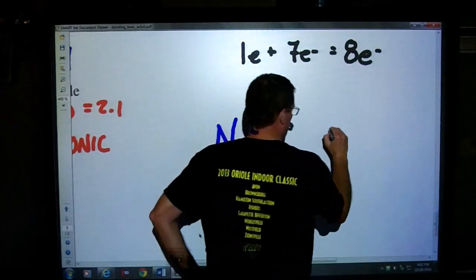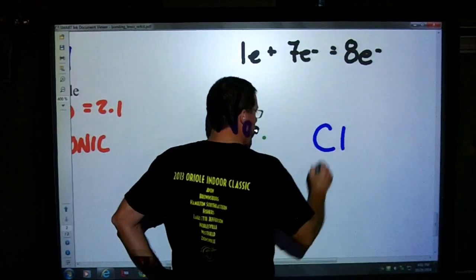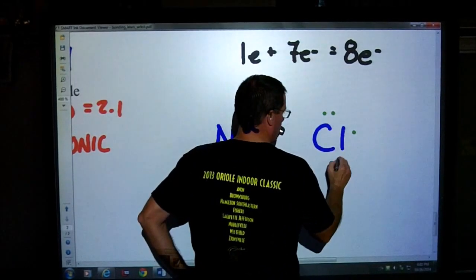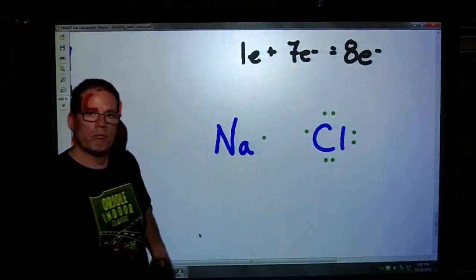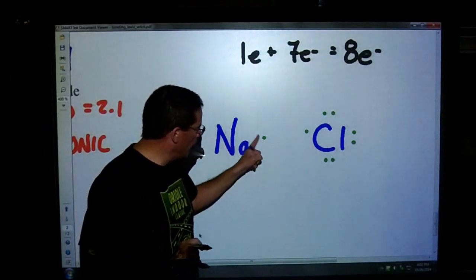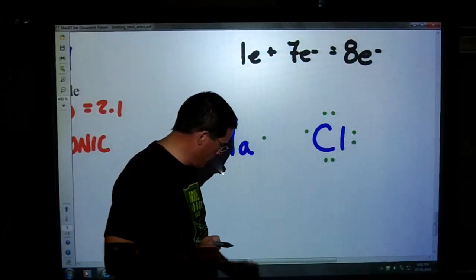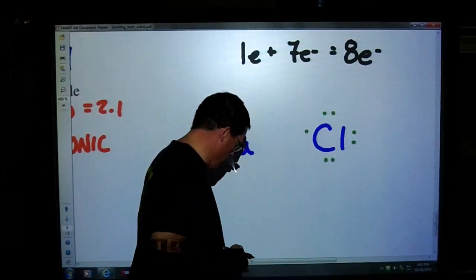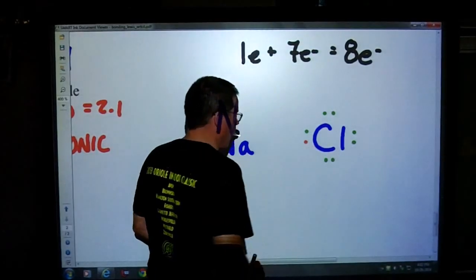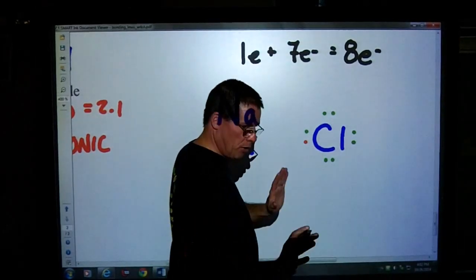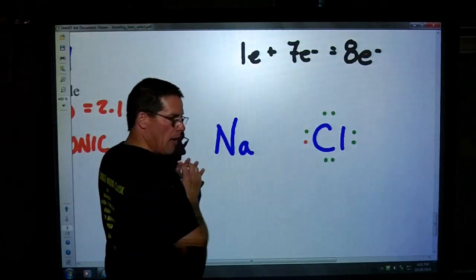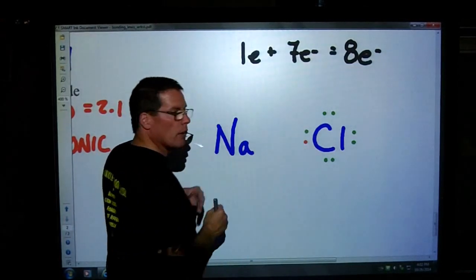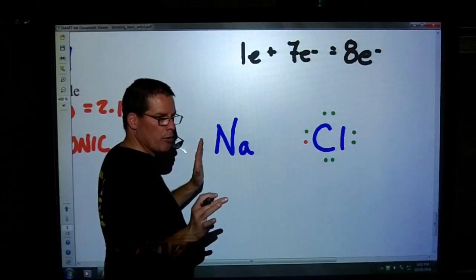And chlorine, with its 7 electrons, since we know this is ionic, that's fine. Realize that electron is going over here. Boom. And I'm going to change its color to red just to represent that. Don't have to change color, but I just want to show that the electron I have drawn on this is from the sodium. You never have to do that.